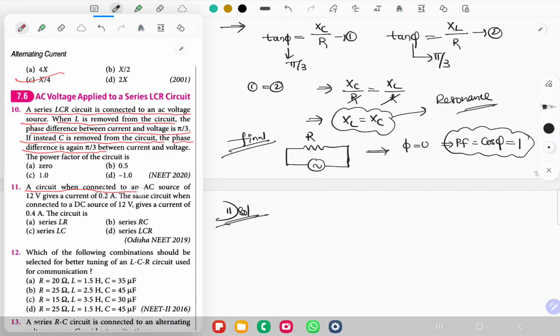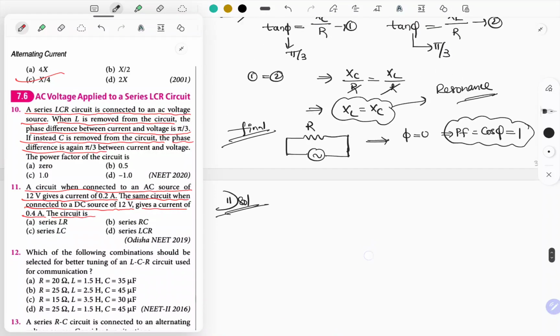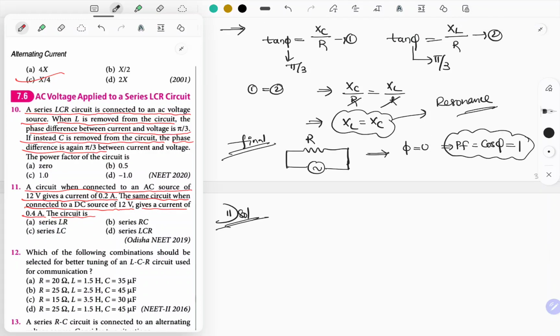A circuit when connected to an AC source of 12 volts gives a current of 0.2 ampere. The same circuit when connected to a DC source of 12 volts gives a current of 0.4 ampere. Now in this case, the first AC source is 12 volts and gives a current of 0.2 ampere.